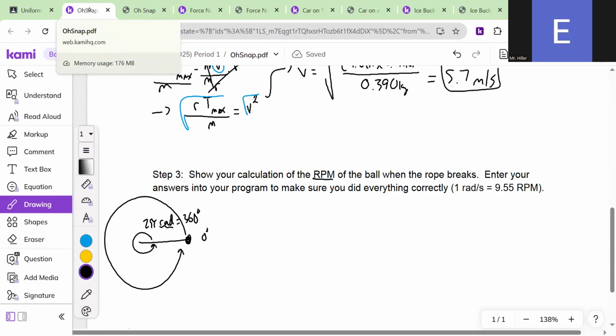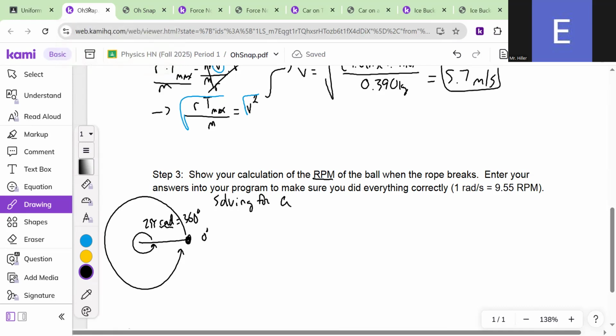And so when we're measuring how fast something is rotating, we're essentially solving for omega, that little variable that kind of looks like a small w. That's the Greek letter omega.